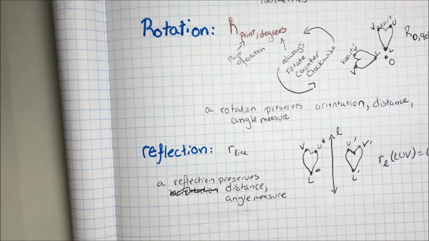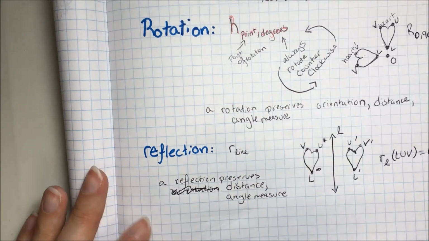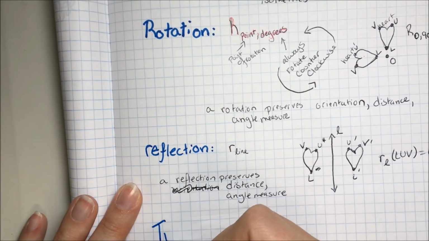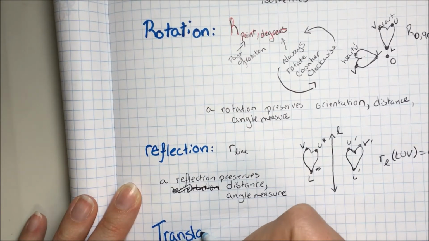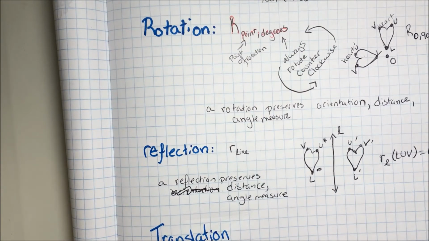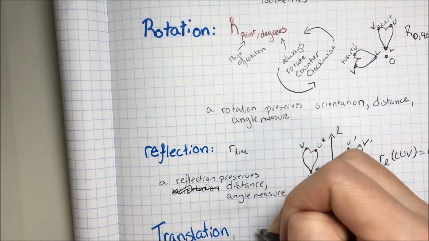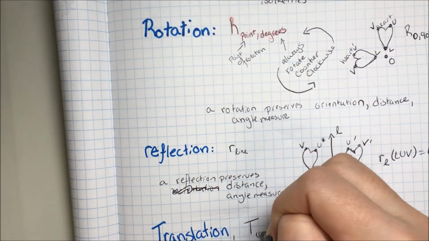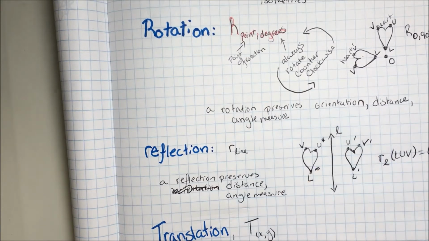Okay? Next up we have a translation. Now, translation is a slide or a shift, and we notate it with T, x, comma, y.